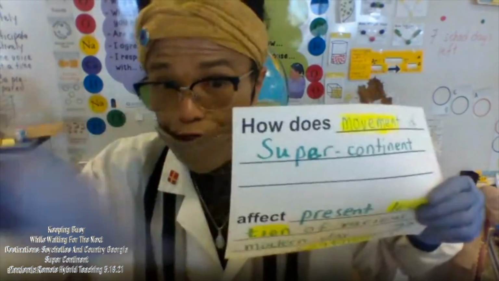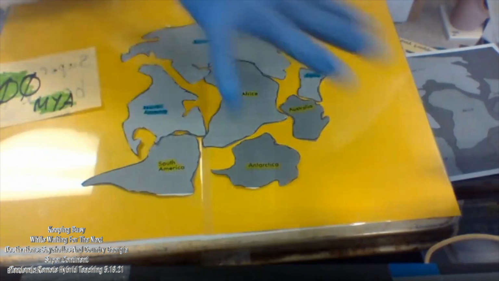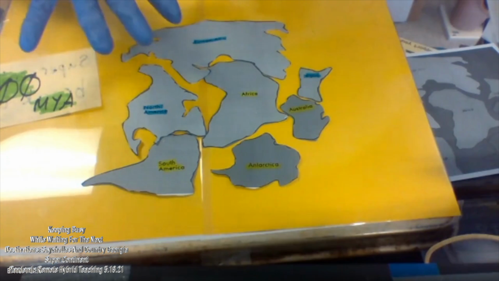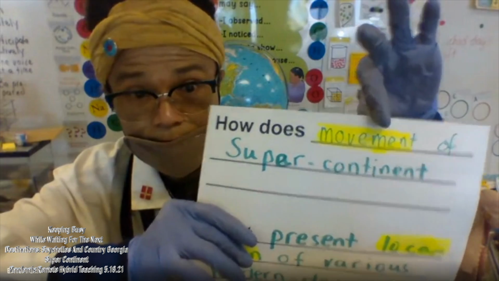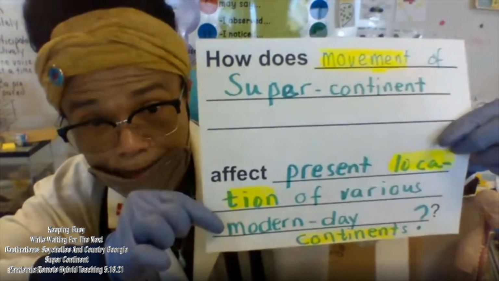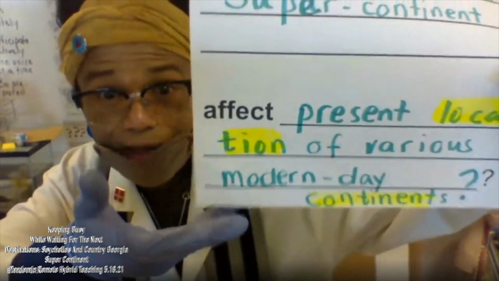Oh, okay. Here we are at this point in time. So we have put up the supercontinent together. This is our representation of the supercontinent. They're very close. Now, our question is how does the movement of the supercontinent affect the location, or let's say the distances, of the different modern day continents.